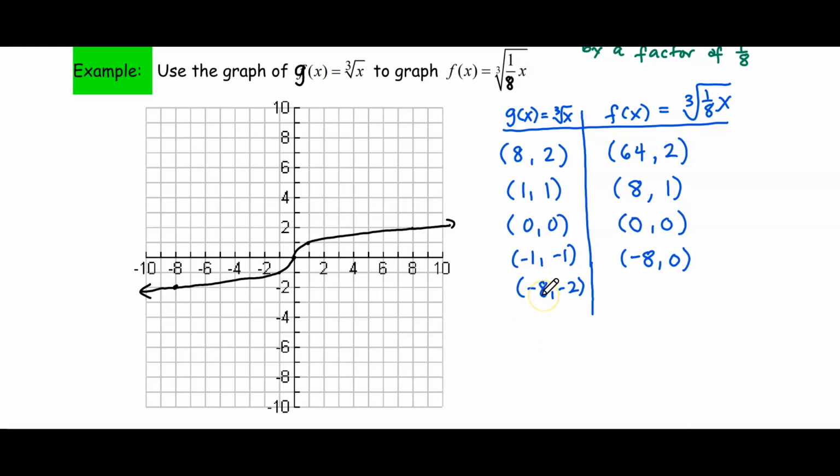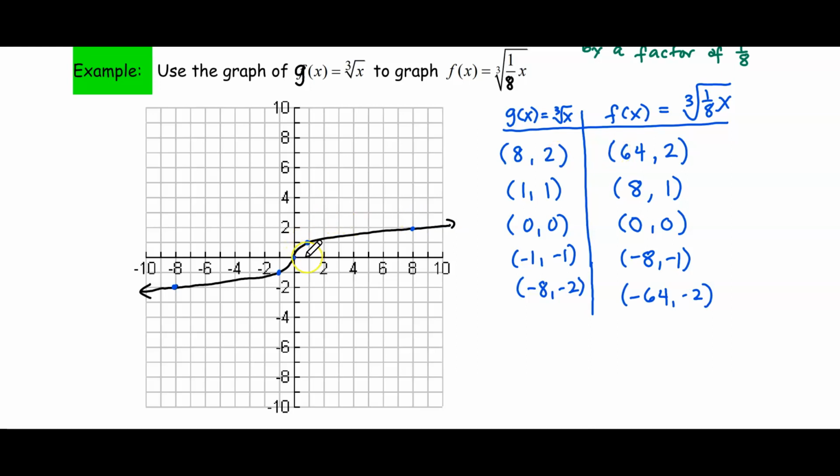Now -8 divided by 1/8 is equal to -64. Now here, oh, this is -1. Now if you look at the new points that correspond to each of the points that we consider, we notice that this one here will go to 64, so 8, 2 will go to 64, 2. So we have a horizontal stretch.